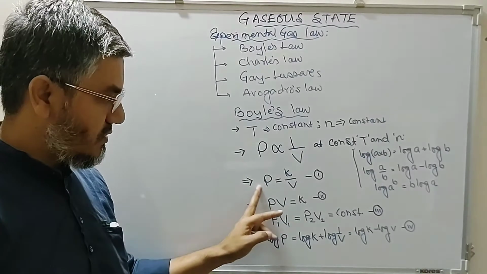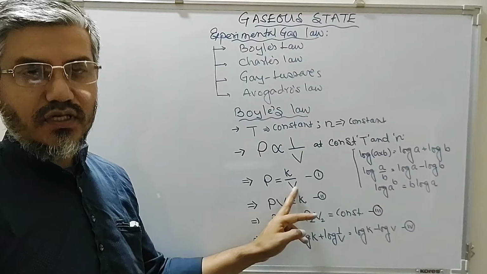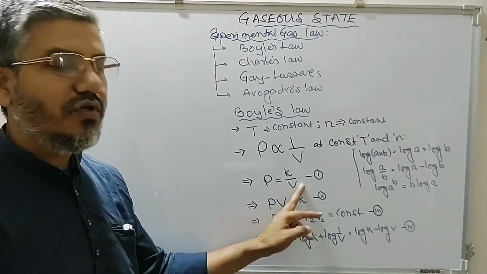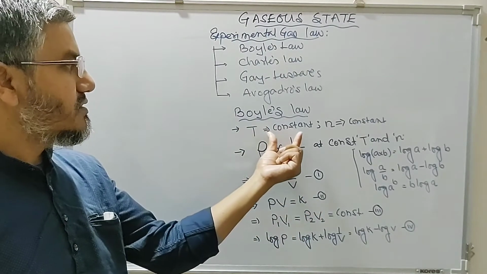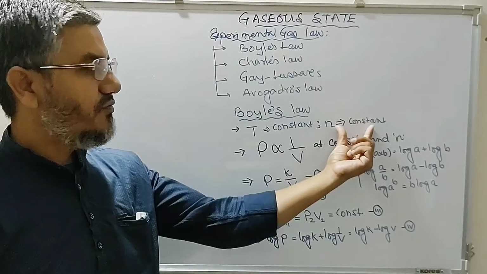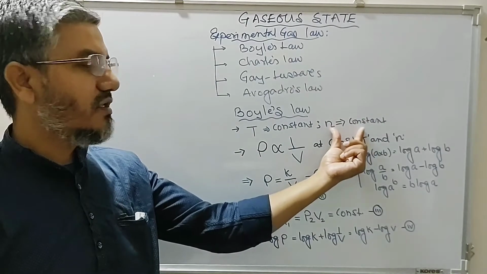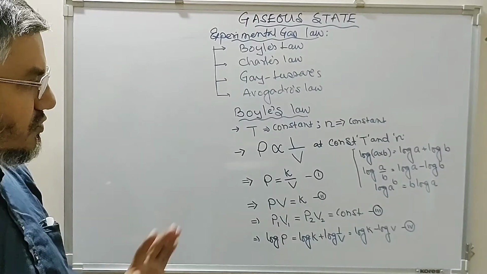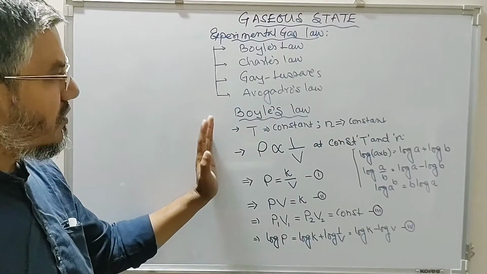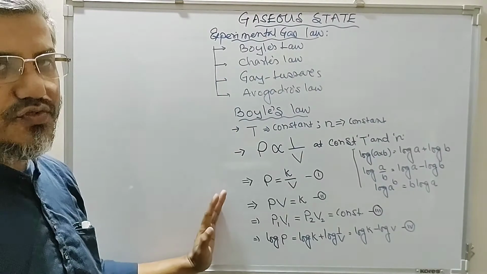If pressure is low, then volume will be high. Pressure and volume are always inversely related at constant temperature and fixed mass of gas, or number of moles of gas remaining constant. So these are different forms of the same law, that is Boyle's law.